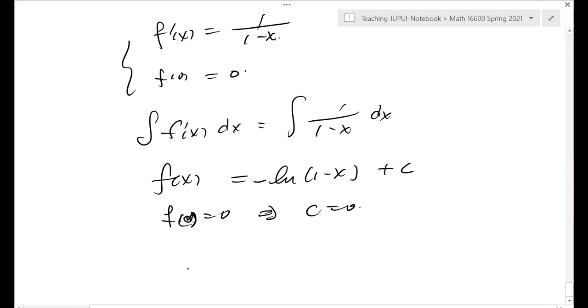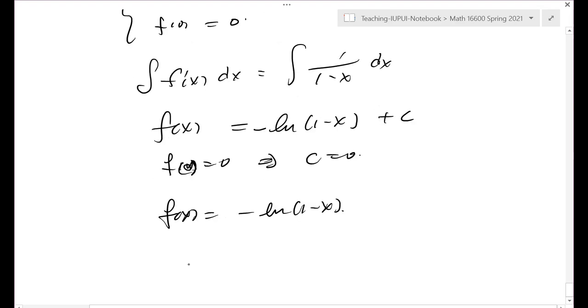So finally, you find this is just equal to that function, and that is the identity.